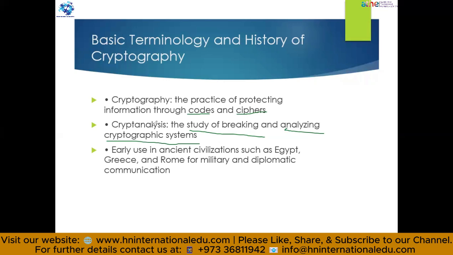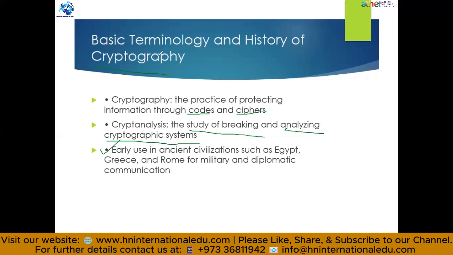Early use in ancient civilizations like Egypt, Greece, and Rome was for military and diplomatic communication. In history, we see cryptography in these ancient civilizations, where the military used it for diplomatic information so that if any person got that information, they were not able to understand it.